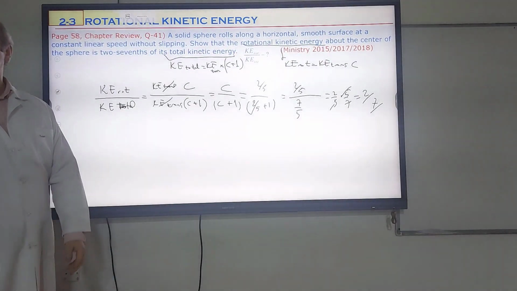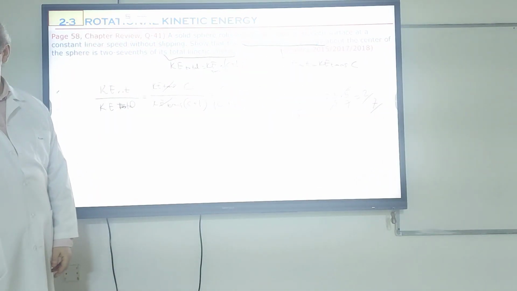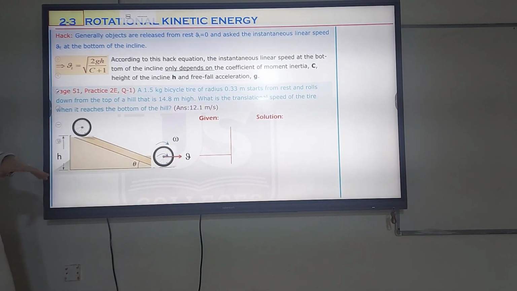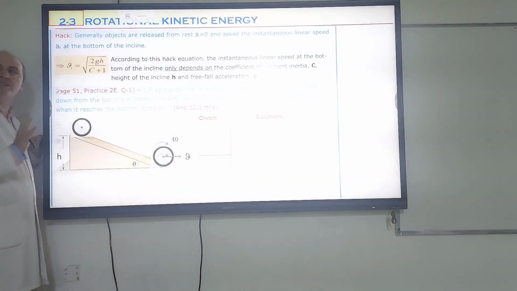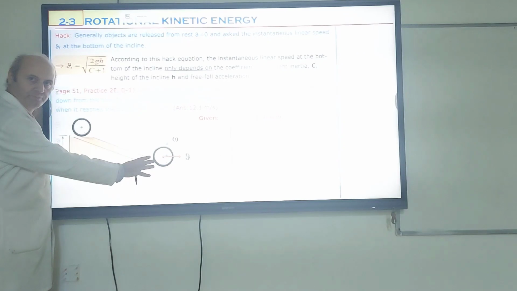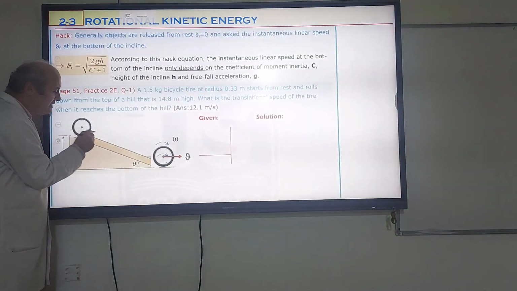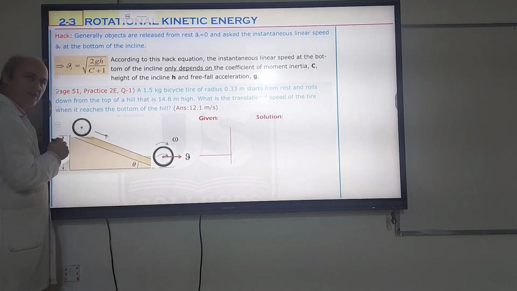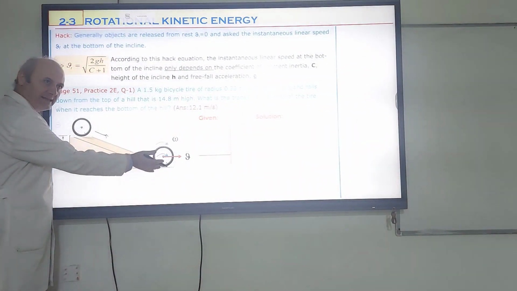And one last topic, conservation of mechanical energy. It's about an object rolling down from the top of an incline to the bottom. As this bicycle tire is rolling down, its potential energy at the top converts to kinetic energy at the bottom.